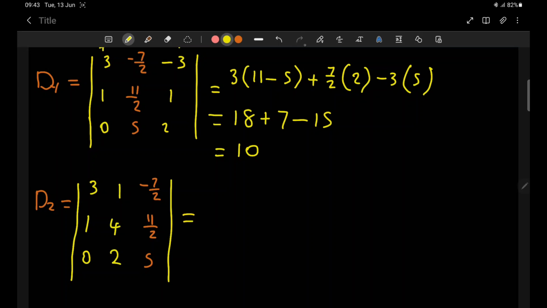So now finding the determinant for this one, using the same method. This is positive, negative, positive. So we hold this column and this row. We'll have 4 by 5. So having 3 there, we'll have 20 minus 11 over 2 by 2, which will just be 11, minus 1.